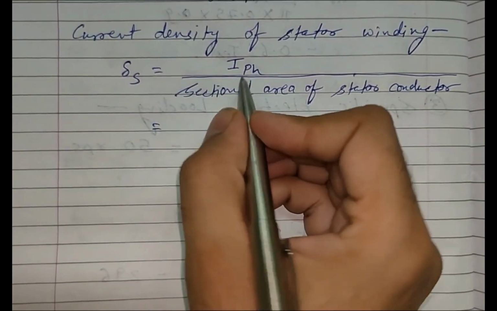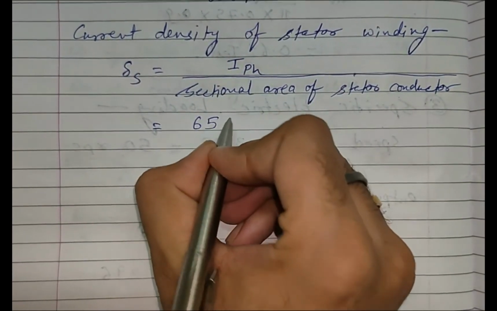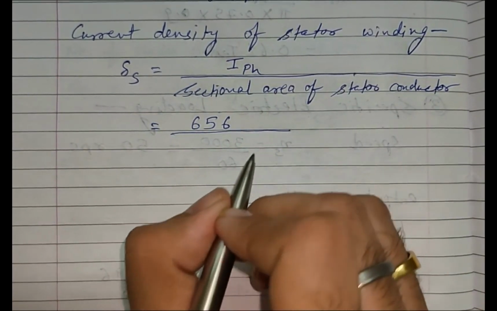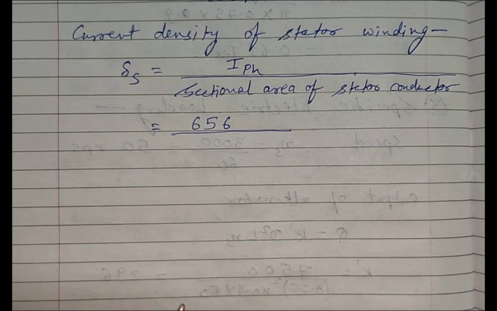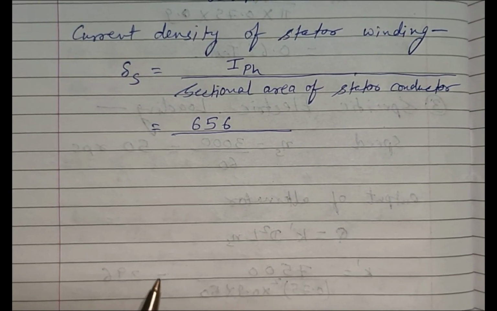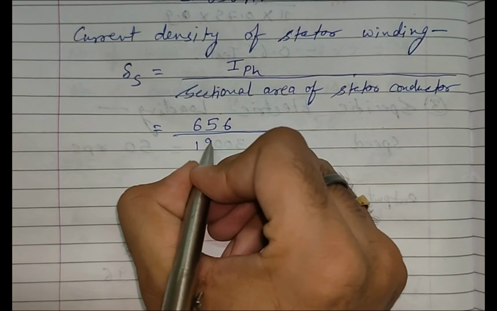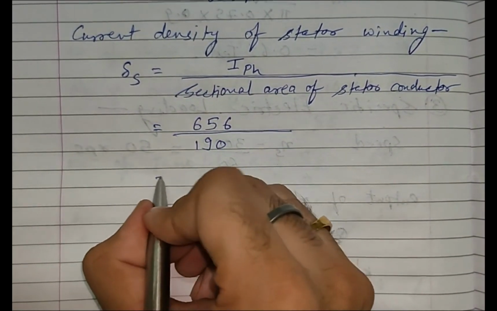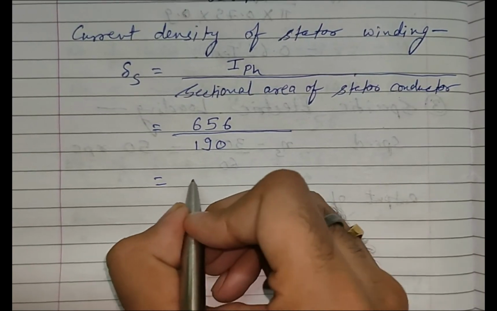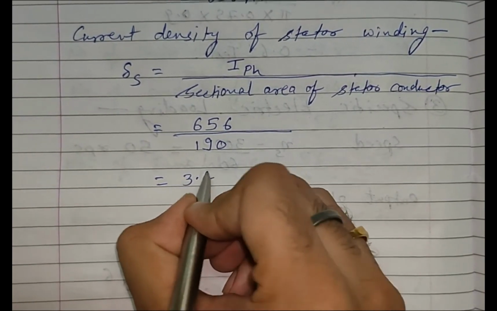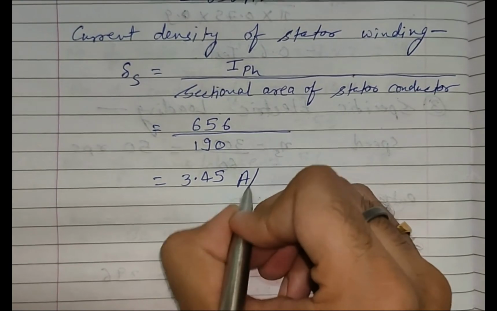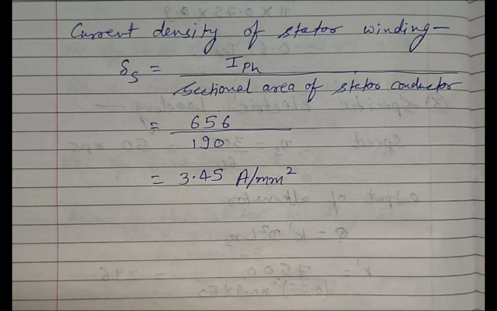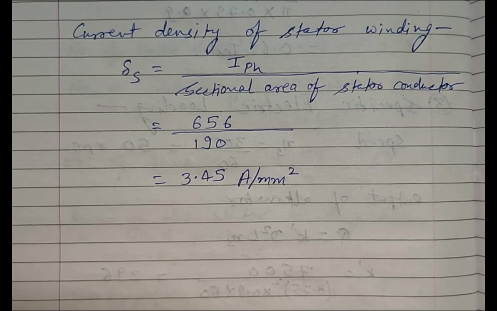So we know that the current per phase is 656 amperes divided by the sectional area of the stator conductor, which is given in the question as 190 mm square. On calculating this, we get the answer as 3.45 amperes per mm square. This is nothing but the current density of my stator winding.